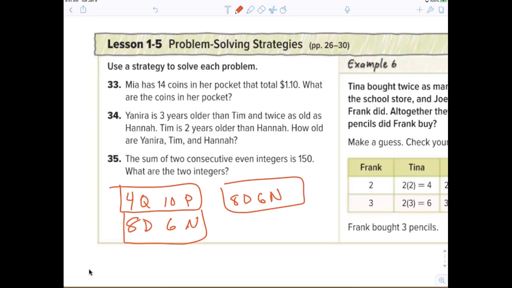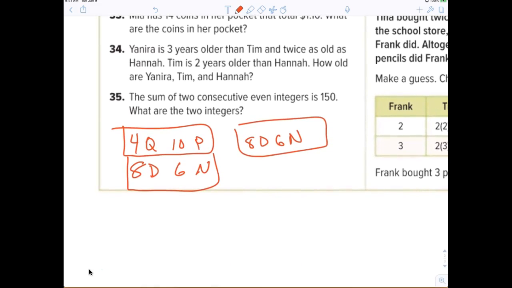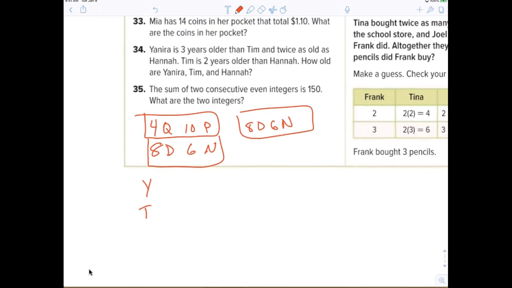Now, listen, in the interest of time, what I want to do right now, was anybody able to tell me something for 34? Was anybody able to come up with 34? Tell me. So I did this. On your paper, I want you to write Y, T, and H. Those are the names. All right? And let's see how you did. Uh-oh.